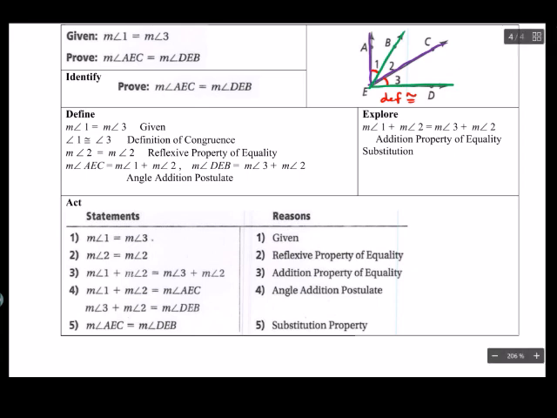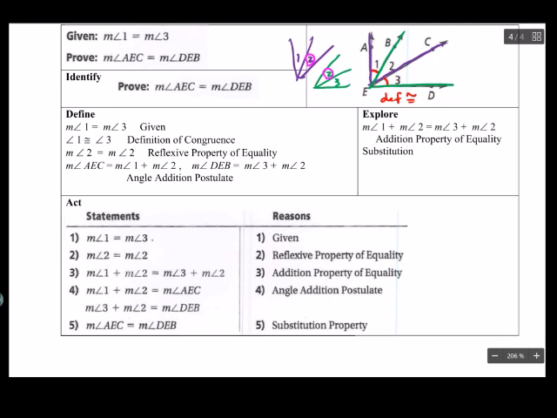Well, how do we make purple angle? Let's take a look at purple angle. Purple angle is made up of angles 1 and 2. How do we make green angle? Green angle is made up of angles 2 and 3. I hope you see it right here. Angle 2 is common to both of those.